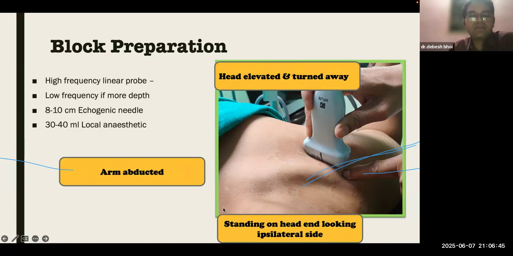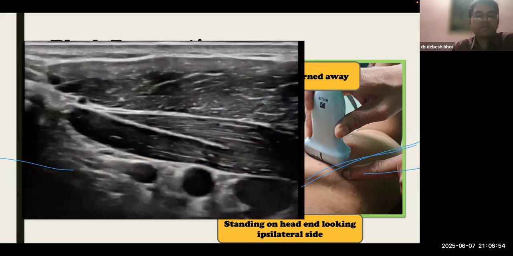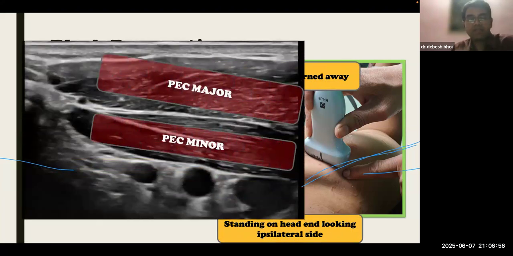In this case, the arm is abducted so that the plexus will be more stretched, lateral to the artery. And you can see at this area, once you place the probe, the sonoanatomy. The big muscle that is seen is the pec major, and below that is pec minor. I identify the artery, the pulsating axillary artery, the vein medial, and the plexus is basically arranged around this.